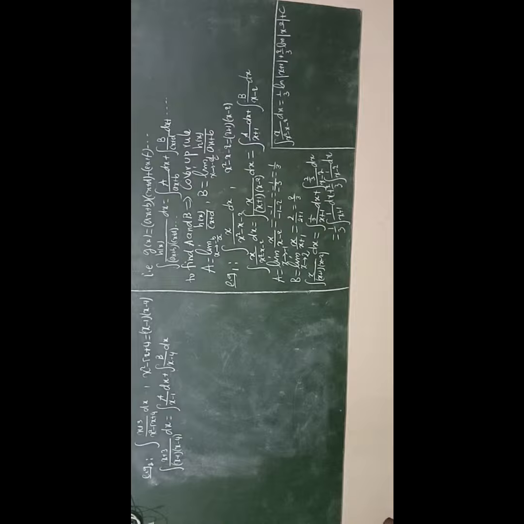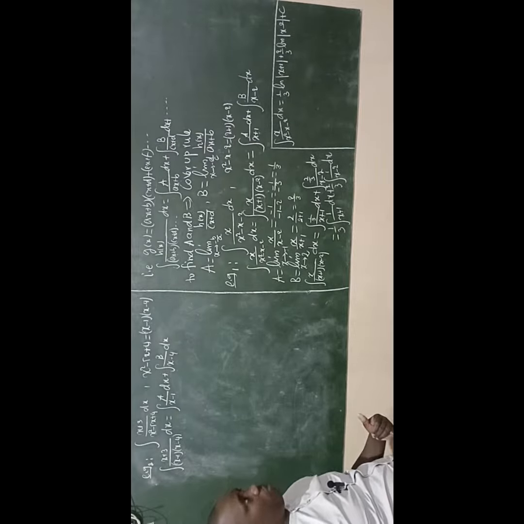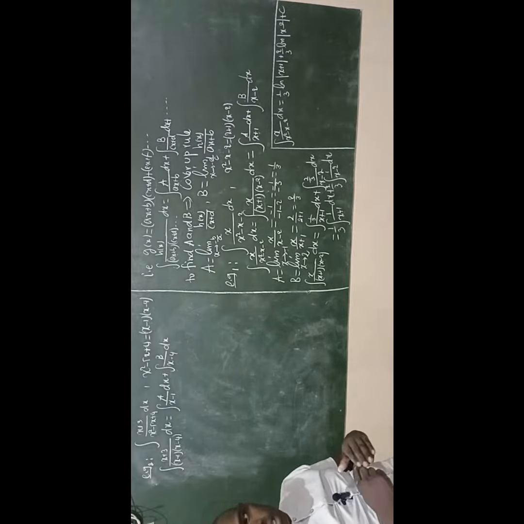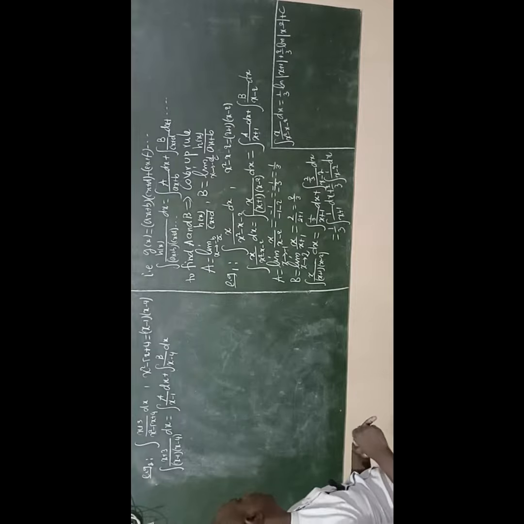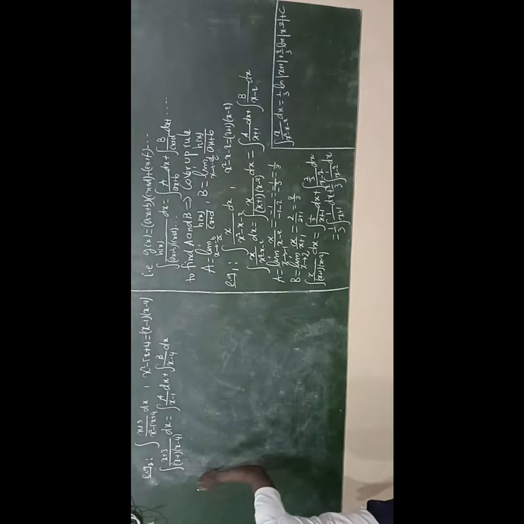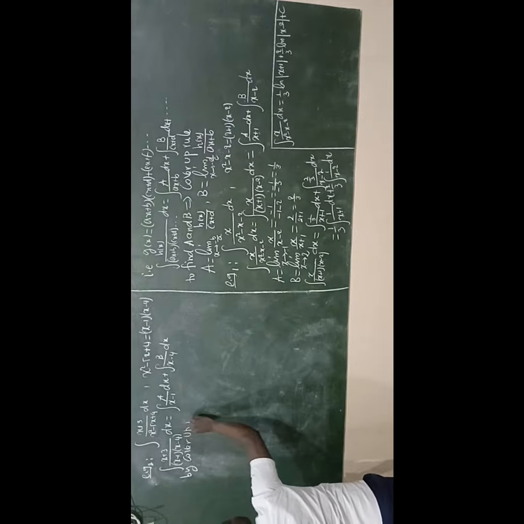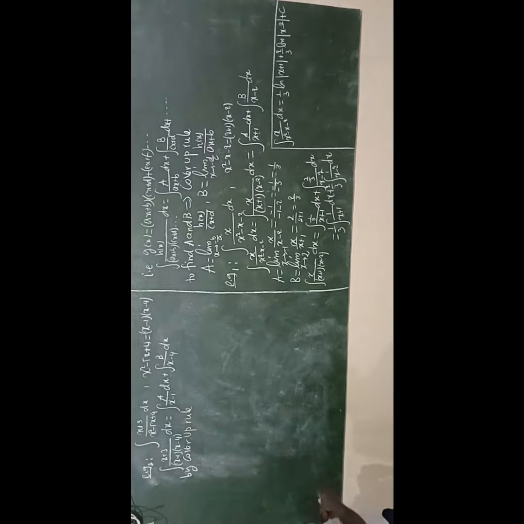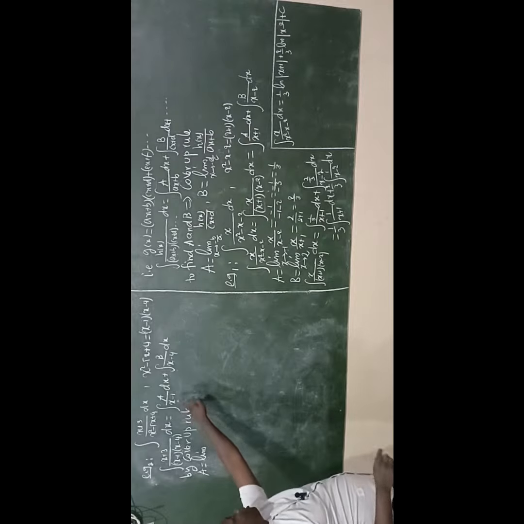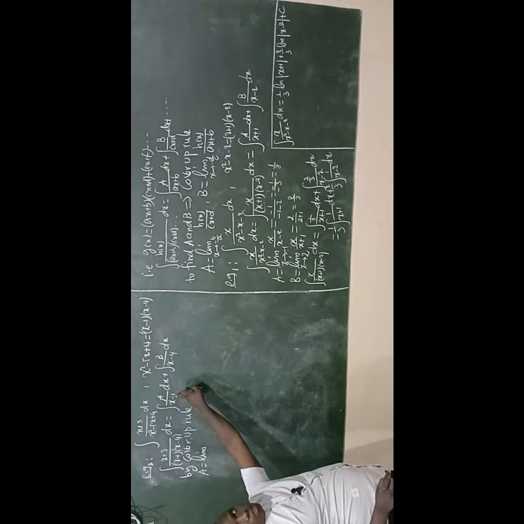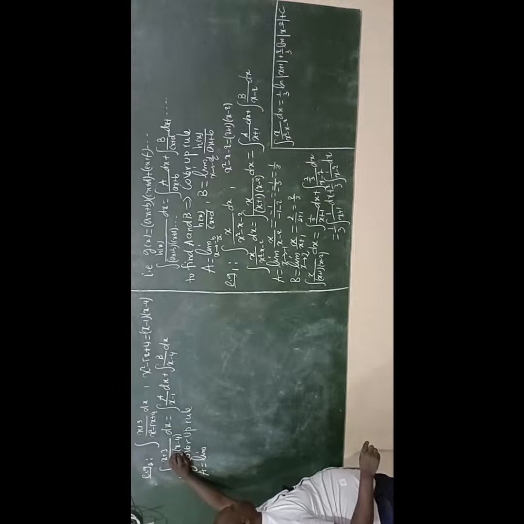The next thing is to find the a value and b value by using the cover-up rule. By the cover-up rule, a is going to be the limit. As I told you, the denominator of a is x minus 1, so we hide it.